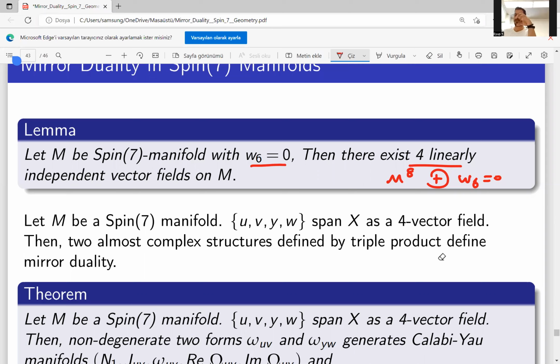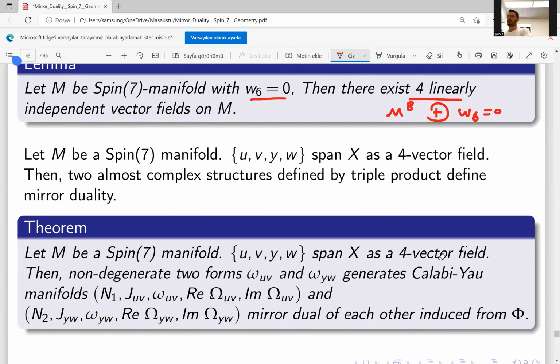If I study it with the four vector fields, you can separate them into two pieces, U, V and Y, W, and this gives us two different Calabi-Yau manifolds that are mirror dual to each other.